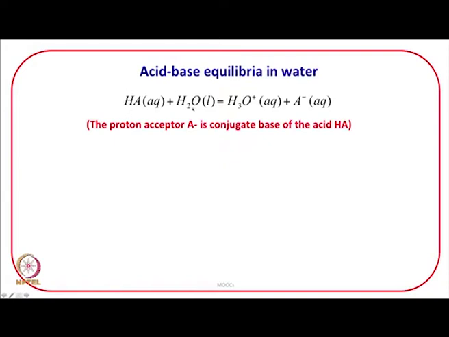It has donated a proton to water and water has become the hydronium ion, it has become charged and left over is A minus. So, we say that HA is an acid and A minus becomes the conjugate base of the acid HA. Acid is HA and its conjugate base is A minus. This is how we will classify these.